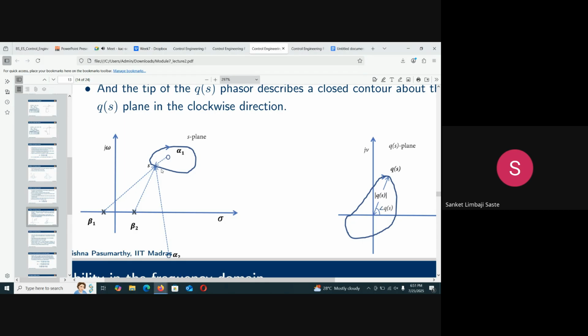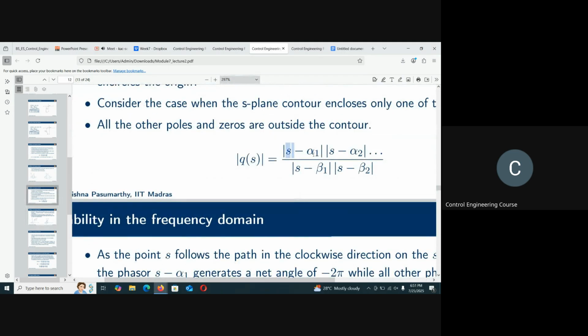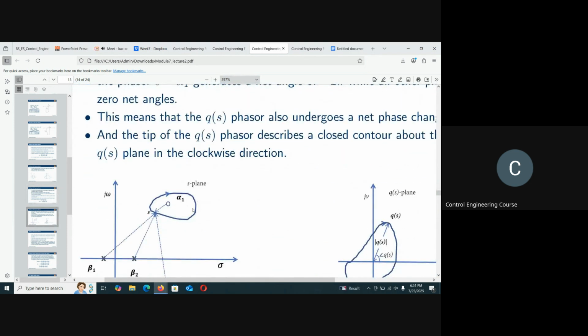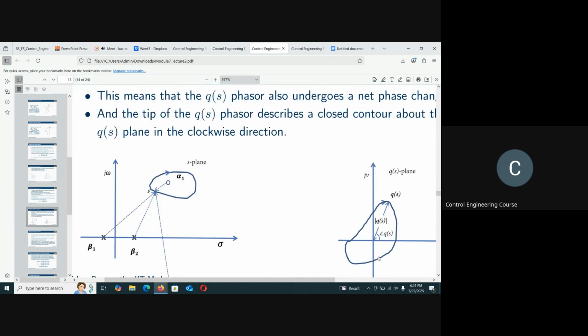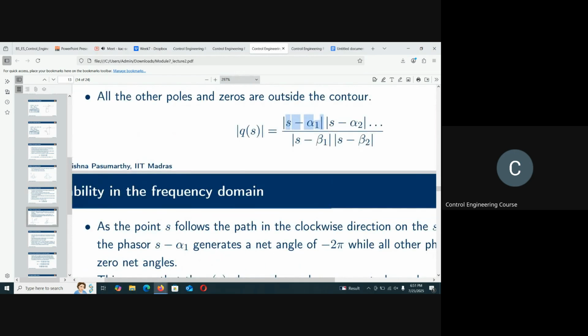So Q of S will complete a full circuit around the origin, correct? Because Q of S has S minus alpha here. So as S encircles alpha, S minus alpha encircles the origin. If this goes right side, this will also go right side, because this is a zero.